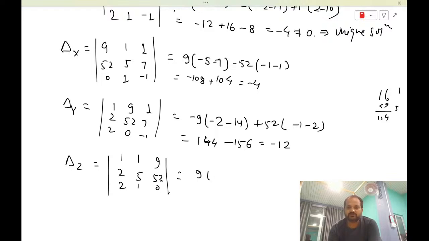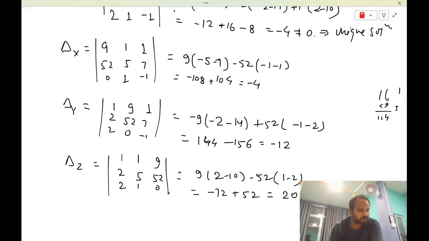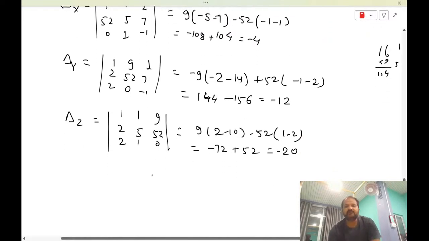So 9 into, twice minus 10 and minus 52, it has the sign negative. So it will be minus 8 minus 72 and minus 1 plus 52, so it will be minus 20.